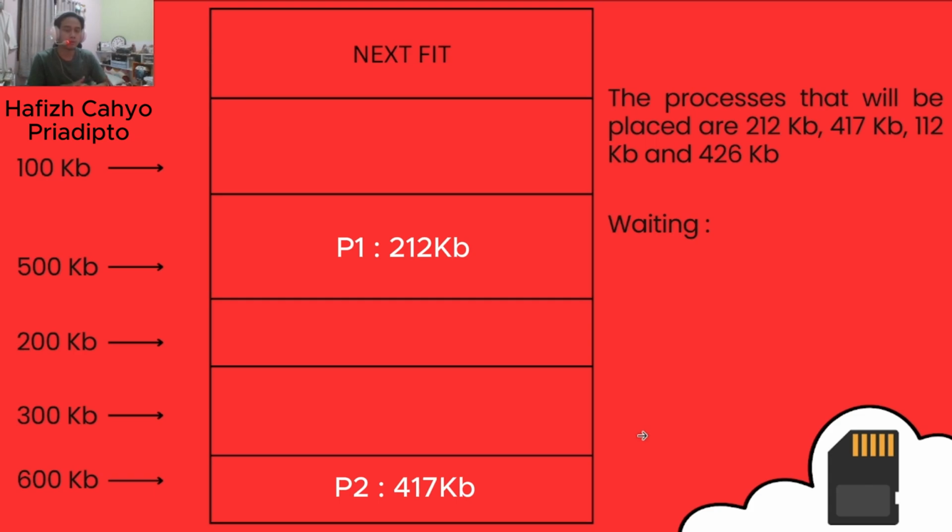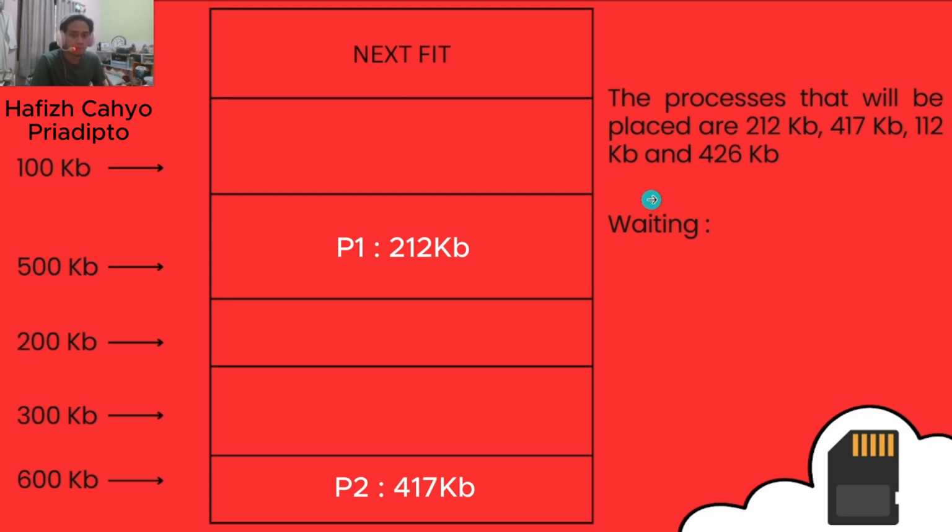By default next fit uses the circular search, but it can use no circular search. If circular search is not used, the rest of the processes will enter the waiting list because they cannot go back to the first column. And this time I will use the circular search, the default of next fit.